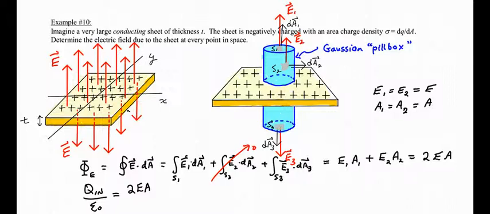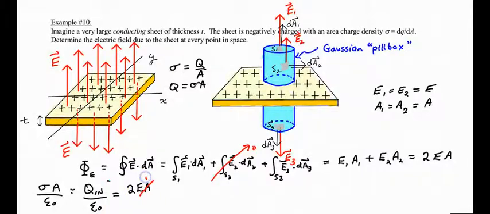And so the surface charge density, sigma, is equal to the Q divided by the cross-sectional area A. So we can replace this Q with sigma times A. So let's put that into our expression over here. Q enclosed is the sigma times the cross-sectional area over epsilon naught.